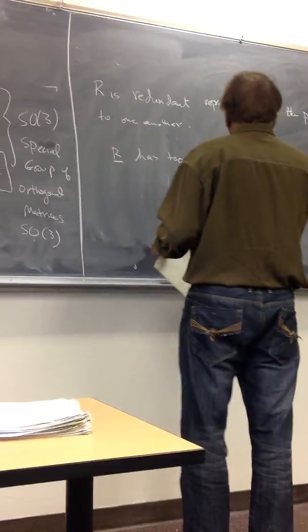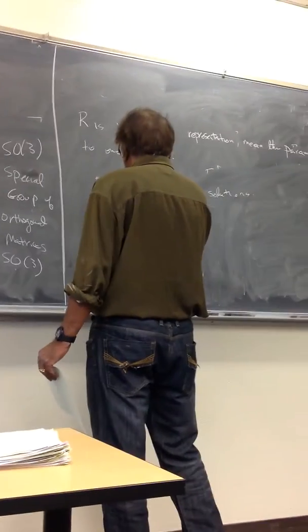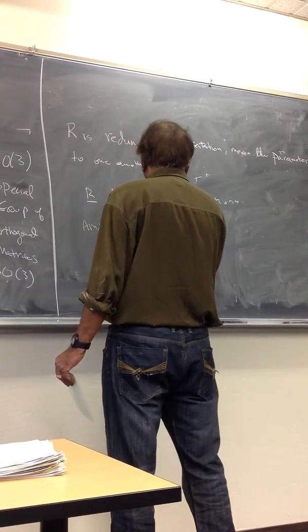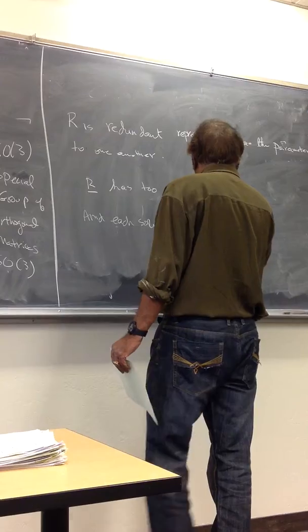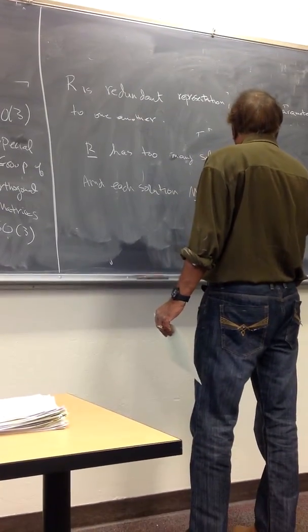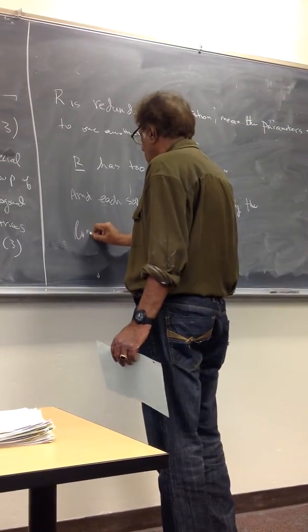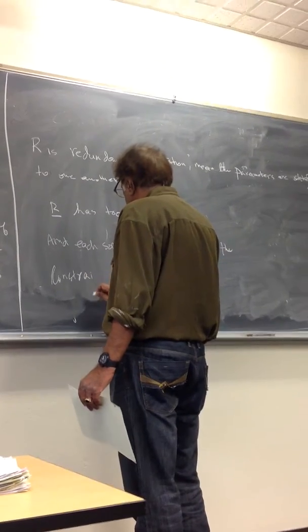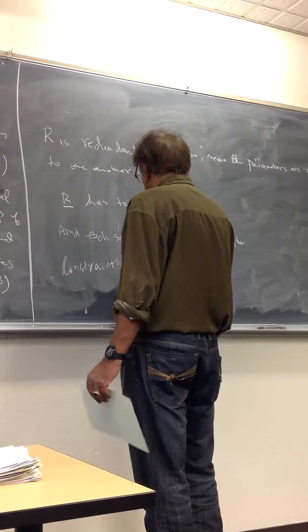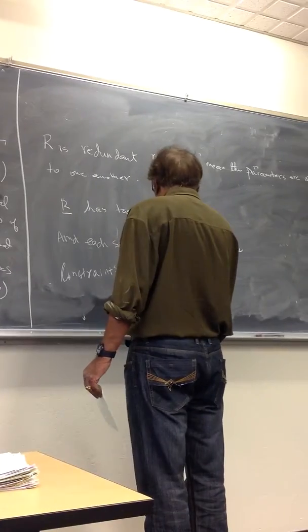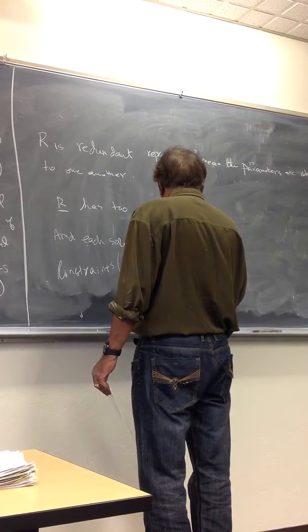And that means that, given that it has too many solutions, each solution must satisfy the constraints. And these constraints, what are these constraints? These are the normality, and the other one, orthogonality, right?